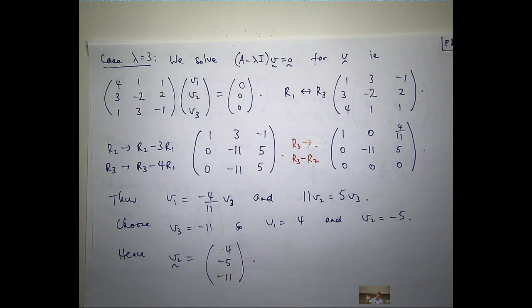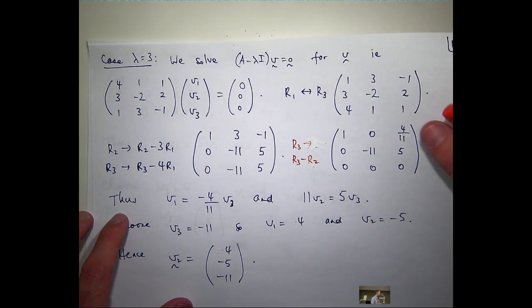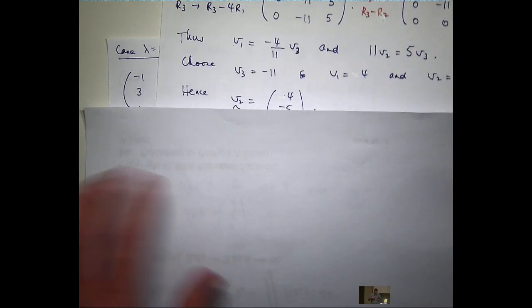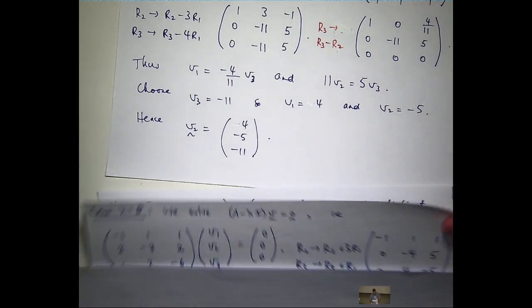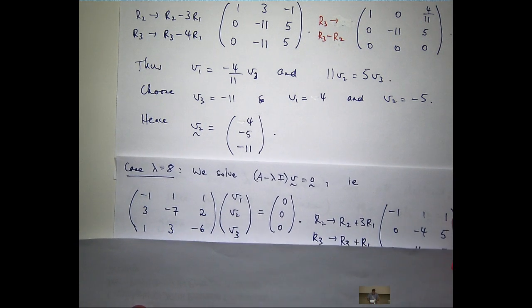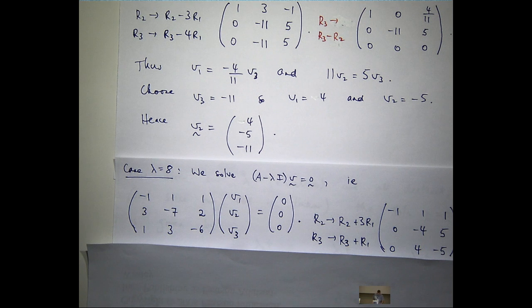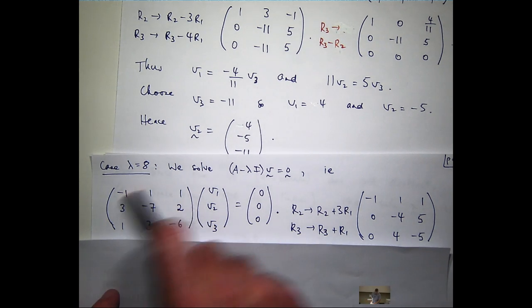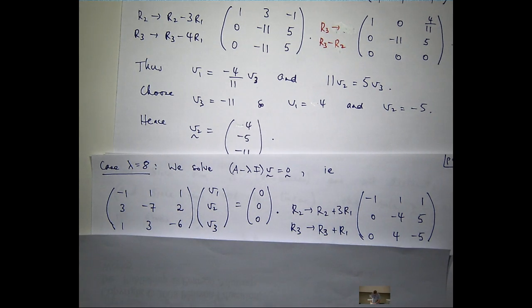Okay, that's the second situation. Let's move on to the last eigenvector. Lambda equals 8, solve the same type of equation, just with lambda replaced with 8. And you'll get this case here. Again, you can't read off too much information from this immediately.